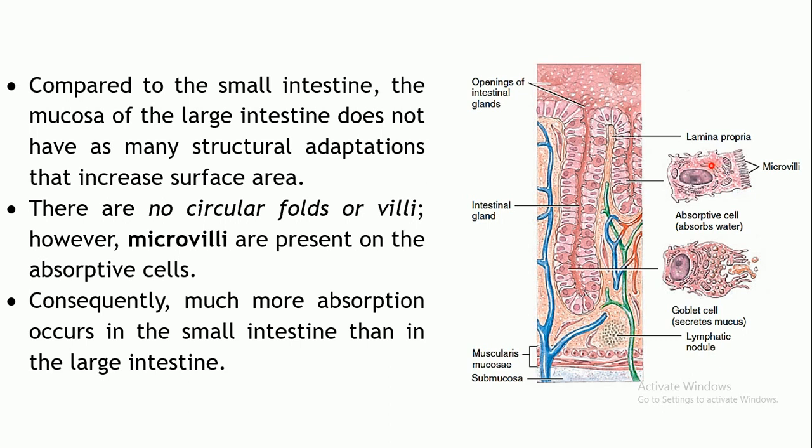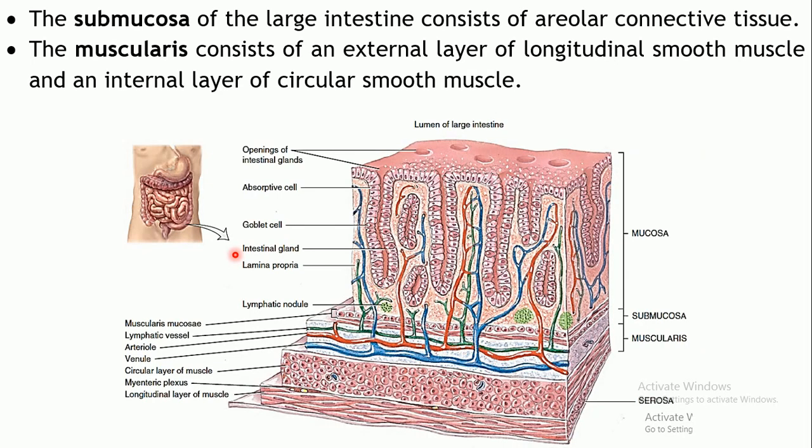However, when you compare the absorptive area of the large intestine with that of the small intestine, it is much smaller because there is an absence of circular folds and villi. Only microvilli are present.